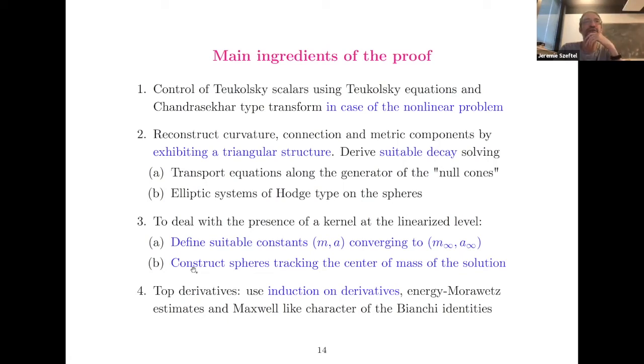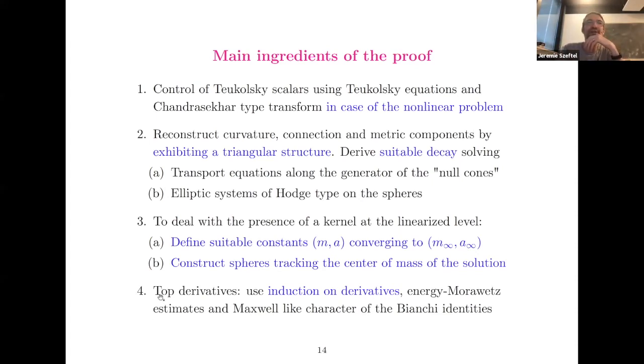And concerning the transport equation, you want to fix the diffeomorphism by constructing special spheres that track the center of mass of the solutions. So I'm coming back to this issue of constructing a special last slice, which consists of a concatenation of spheres. I want to construct spheres which will, in the limit, converge to the spheres of Kerr, or the spheres of Schwarzschild in the particular case of Schwarzschild. Okay, so I want to come back to this point in the next slide.